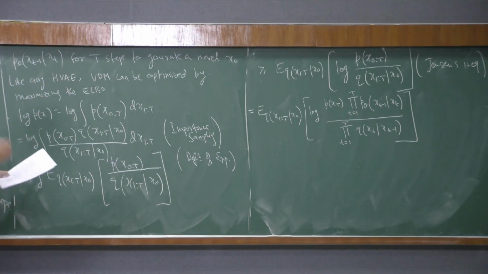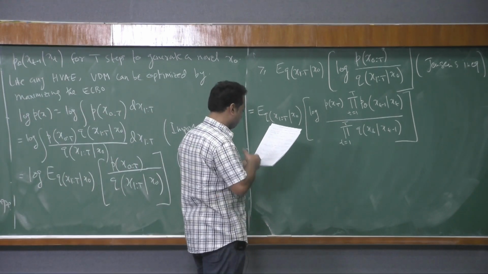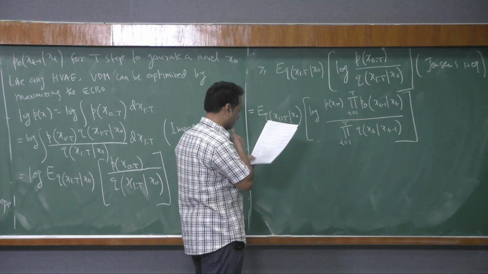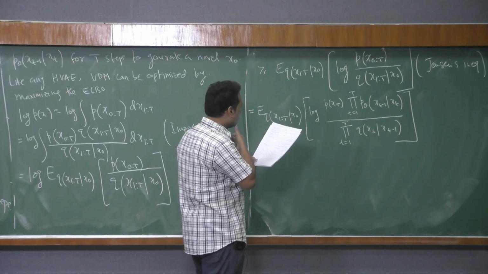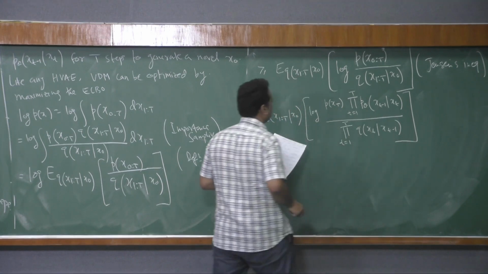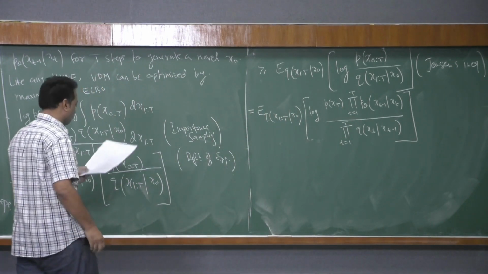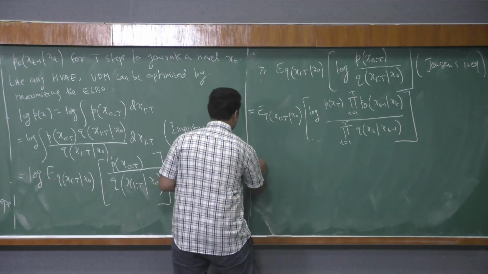So we have just substituted the definitions for p, the numerator, and the denominator. Not much has happened here. We can pull out x0 given x1 from here, and we will make this product go from 2 to t. So that will be the next step.